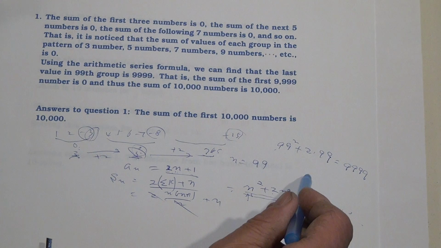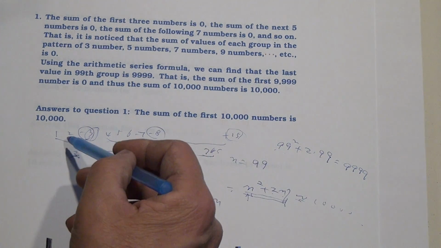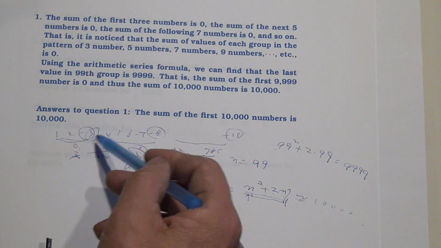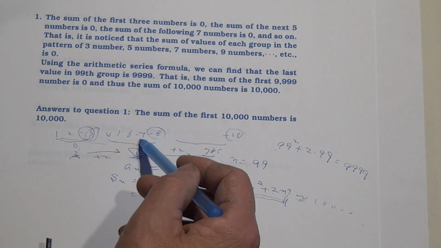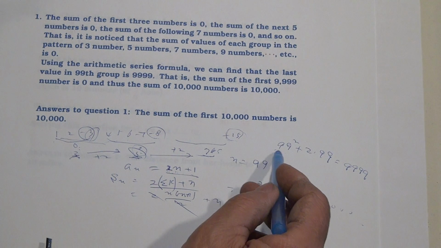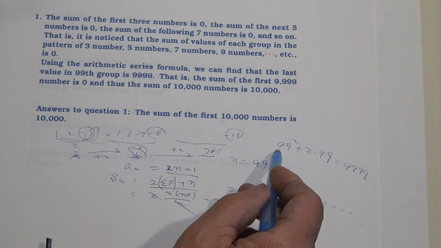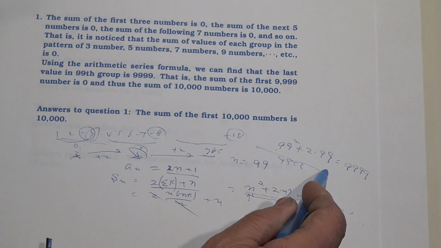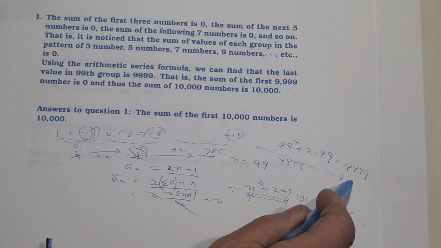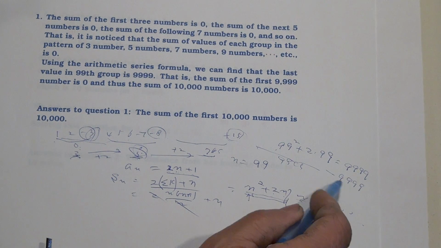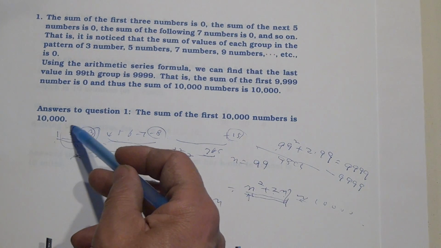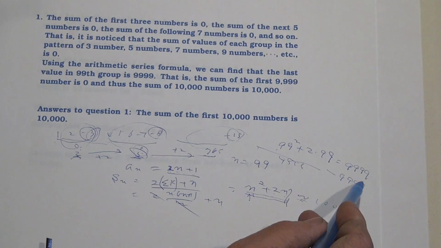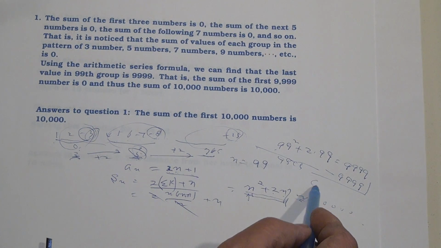Which means when you write down the numbers in this pattern, 1, 2, minus 3, 4, 5, 6, negative 7, negative 8, like that, all the way up to the 99th group, the last value is negative 9,999. As we saw, each group gives you a sum of zero, so up to here the sum is zero.